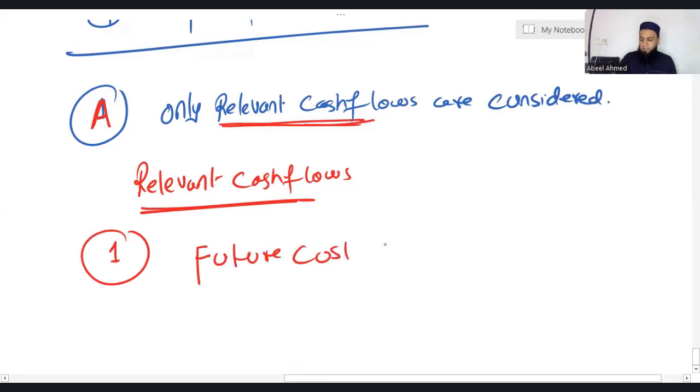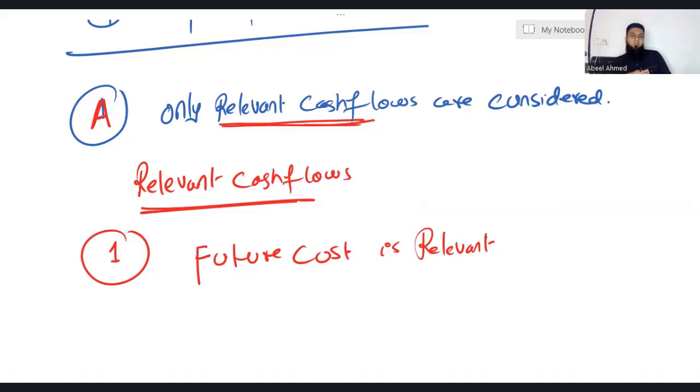Future cost is relevant. Which cost? Future cost is relevant. Now, what do you mean by future cost? Basically, the initial investment which you have seen in example 1 and 2, that's a future cost. Actually, the organization has not incurred that investment because you calculate NPV before making an investment. Because after making an investment, what is the point?